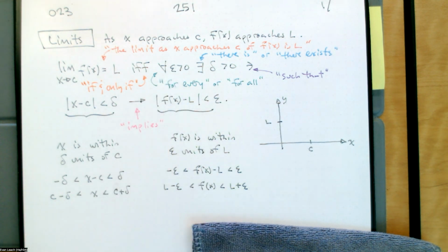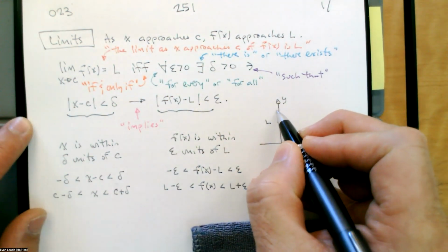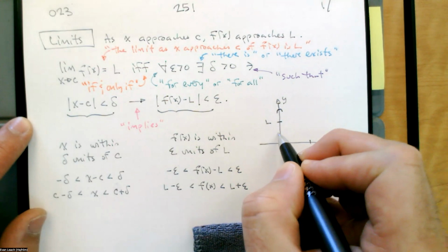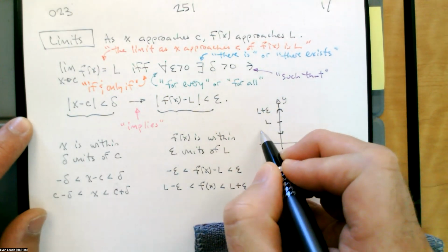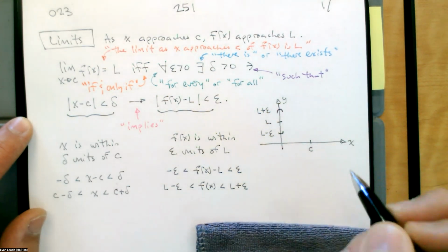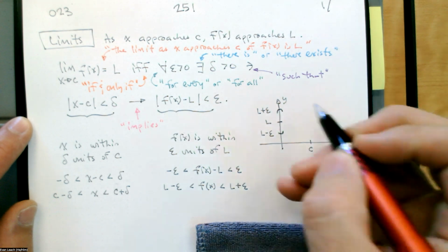Epsilon is the tolerance we choose. So I want f of x to be in this interval, where I have L plus epsilon over here and L minus epsilon down here. I want f of x to show up in this interval.